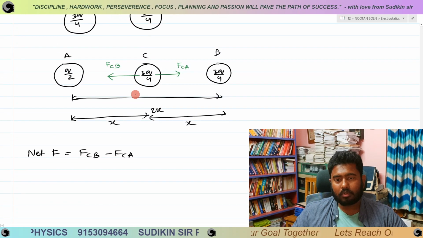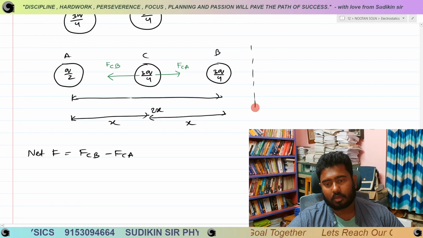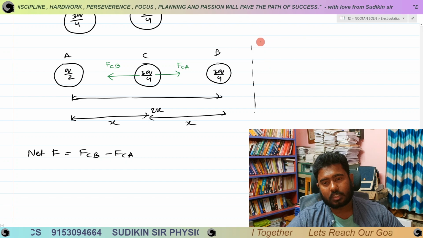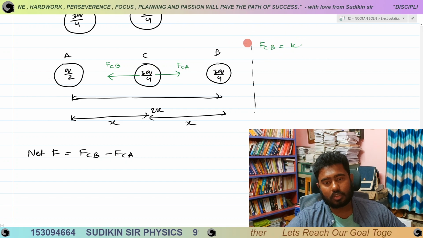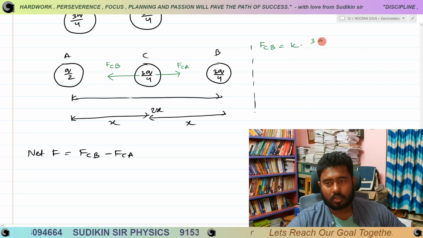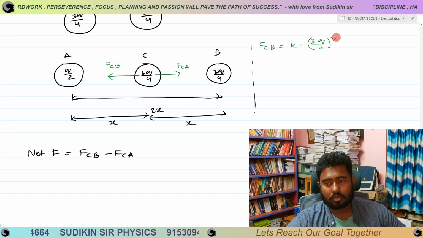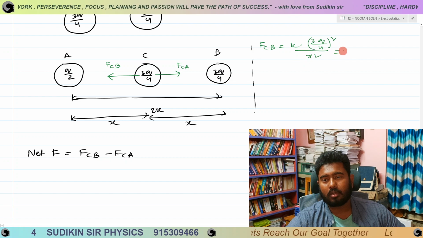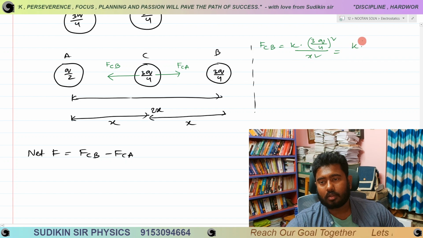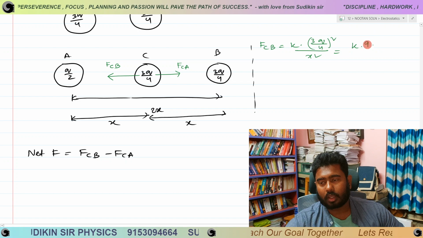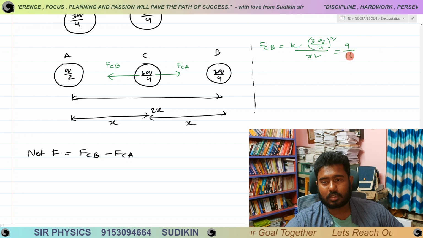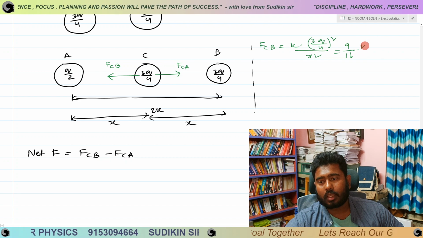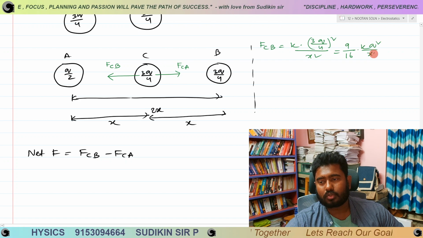We will write down the values of FCB and FCA. FCB will be k into these two charges, that is 3q by 4 squared divided by x square. So that will become k into 9, we will write the numbers first, that will be 9 by 16 into kq square by x square.